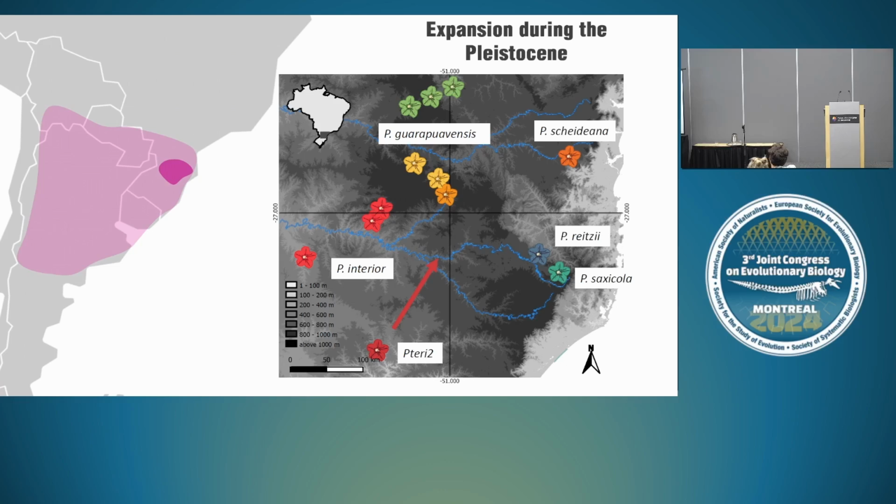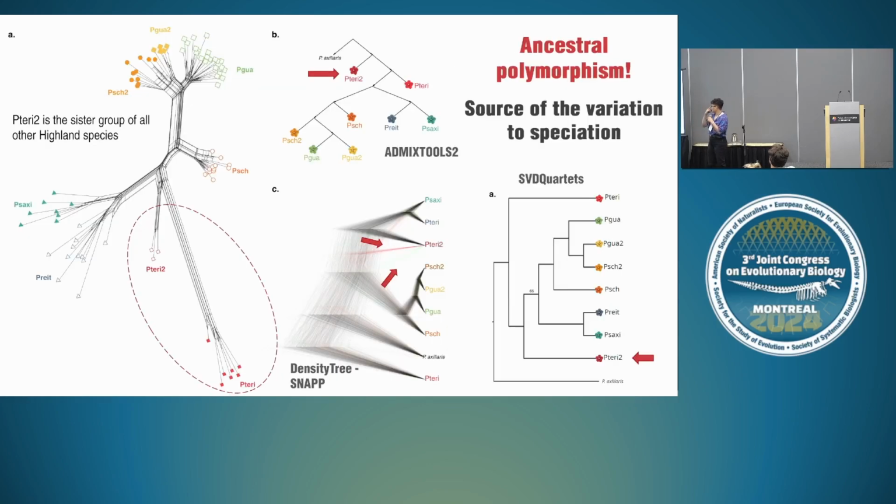So I believe they just expanded to the highlands and arrived in other parts of the highlands, and then started the speciation and diversification in these sites. And I can see evidence of this in other analyses.